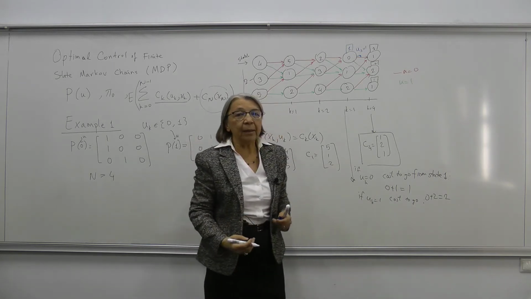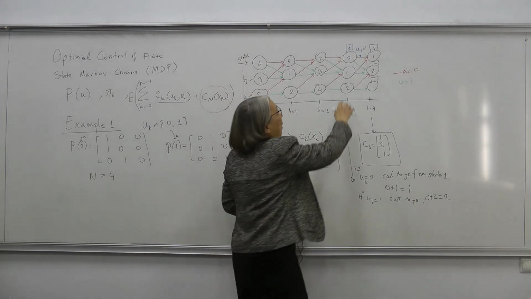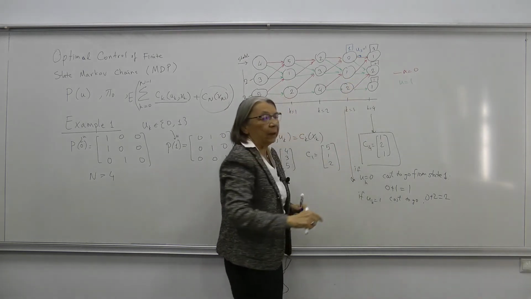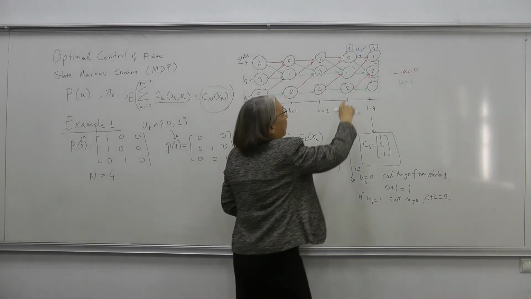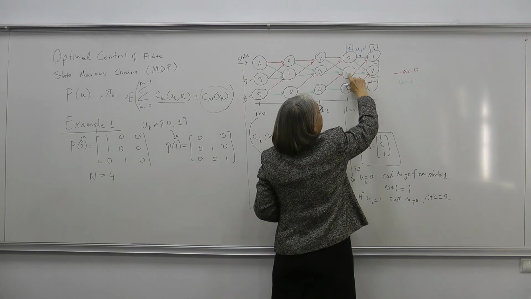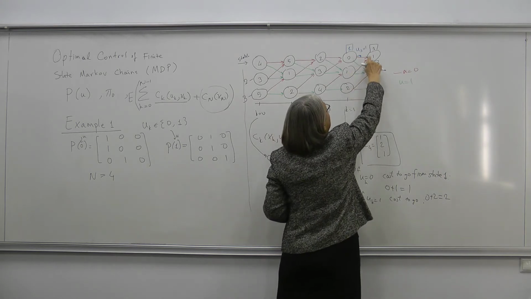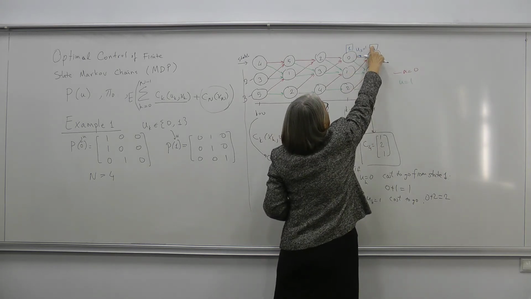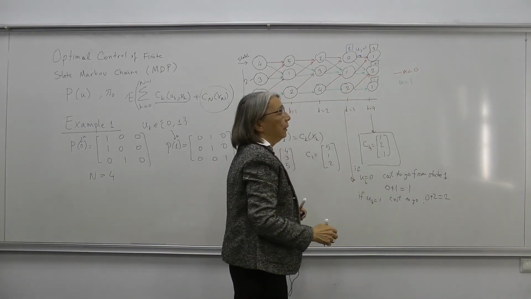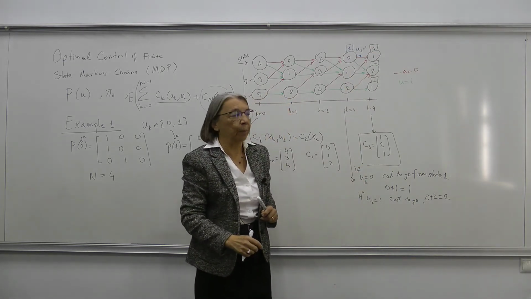We will repeat the same process for the other states. For this state, we again have two different inputs, two different paths: either I can go here or I can go there. If I start from here and go there, the cost to go is 1, and there is another 1 here, and the total will be equal to 2.